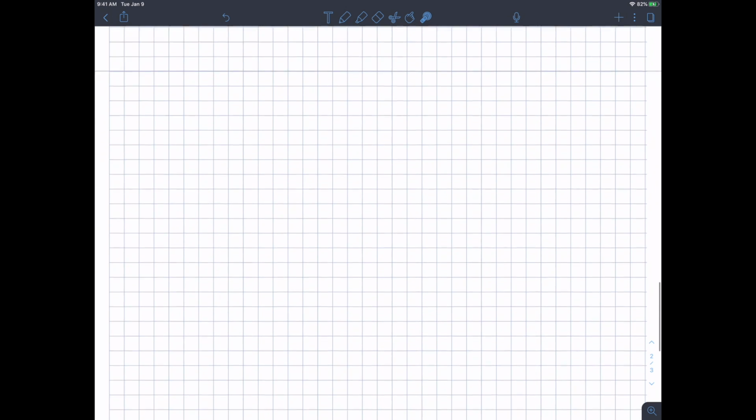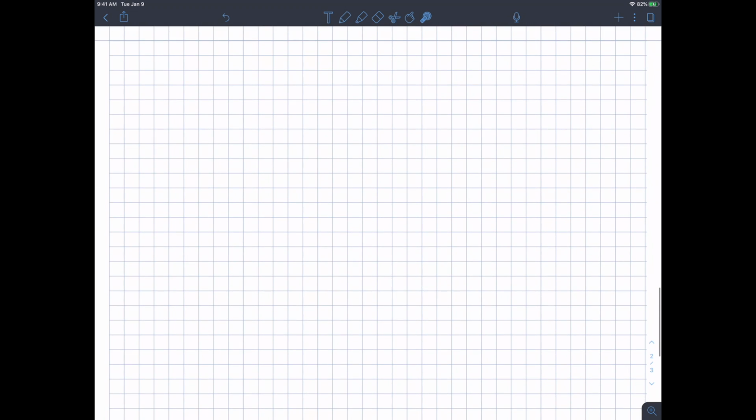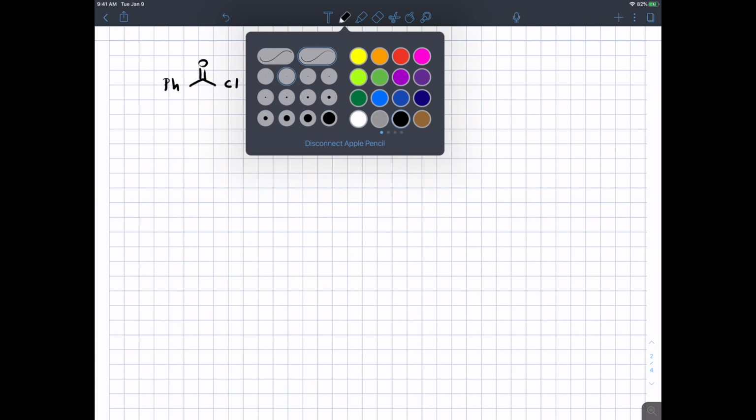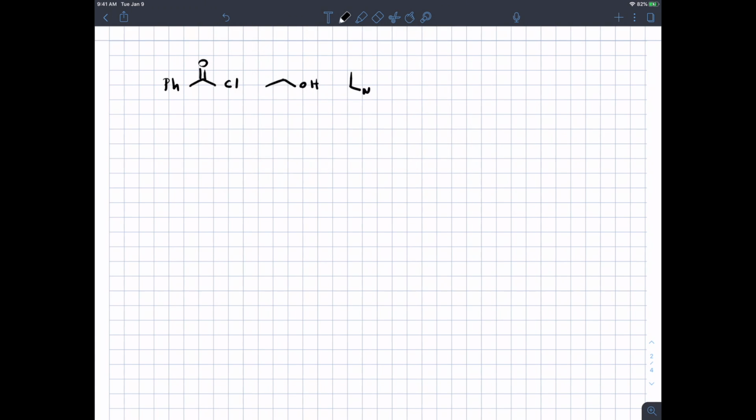I want to test your sort of kinetic intuition by showing you a reaction. This is a nucleophilic acyl substitution of the ethanol group for the chloride in our acid chloride. And experimentally, it is known that pyridine needs to be present.